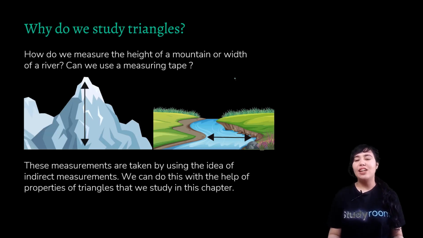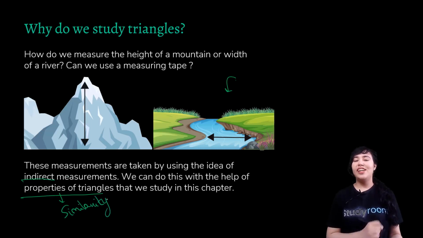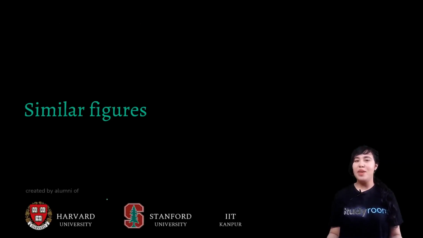Talking about meandering rivers, how do we know their width so accurately? Are there some turtles who do that for us? Of course not. We get these measurements indirectly. And how? We make use of some properties of triangles. In particular, we make special use of similarity. This is a property which we'll be studying in the later half of this chapter. And that brings us to our next topic, which is similar figures.